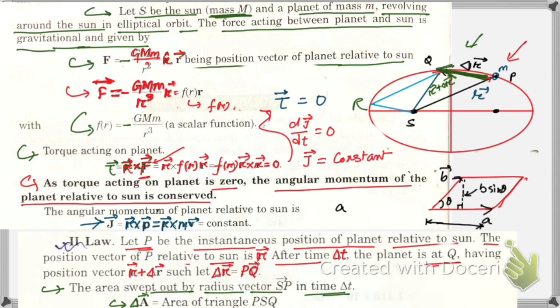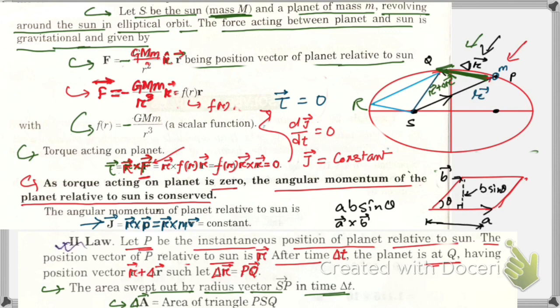So the area will be AB sin theta, which gives A cross B. Similarly, here this vector is the position vector R, and the displacement vector is del R. So the area of this parallelogram will be given by the cross product of R vector and del R vector.